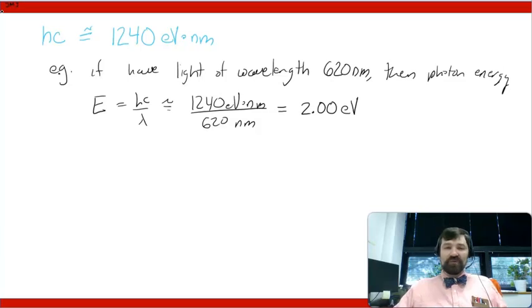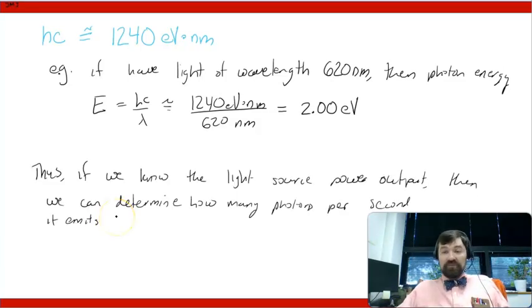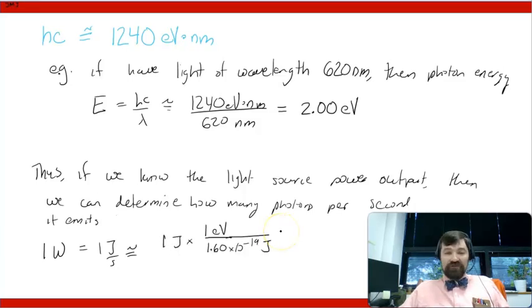This also means, for what it's worth, that we can figure out how many photons are present in a given beam of light, let's say per second. Case in point, a 1 watt source is 1 joule per second. That is 1 joule times a conversion factor of 1 eV per 1.6 times 10 to the minus 19 joules, per second.